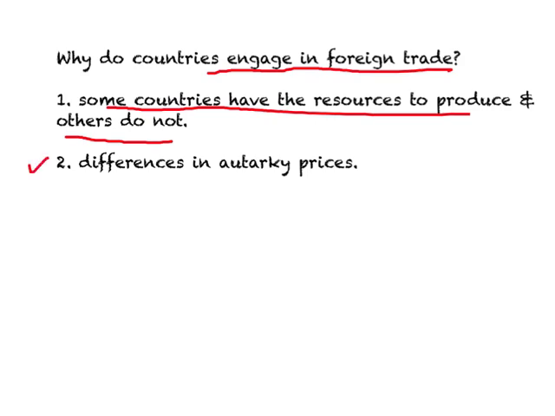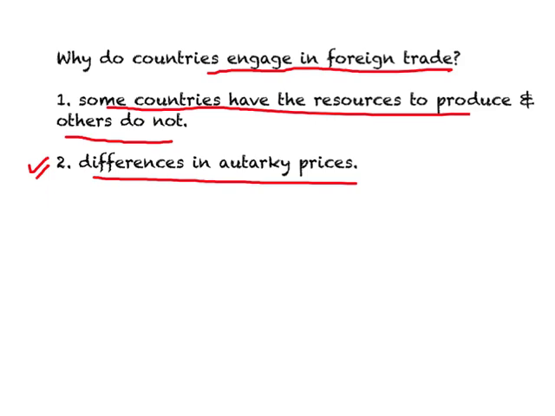Look at the second one. We also know that there could be differences in autarky prices, and autarky simply refers to a situation of no trade. For example, some good may be produced at a higher price in one country and at a lower price in another country.